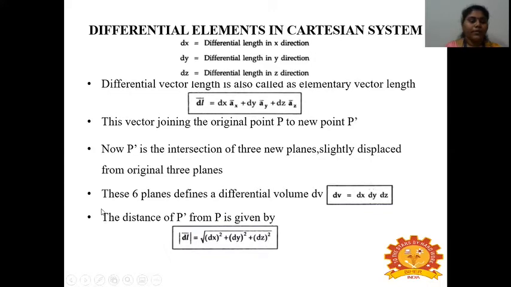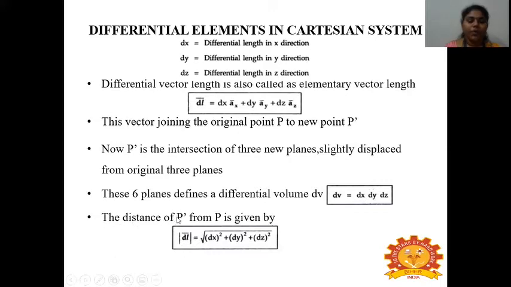Now P dash is the intersection of the three new planes, which are slightly displaced from the original three planes. These six planes define the differential volume, called dV, where dV is equal to dx into dy into dz, because volume is a product of length, breadth and height.